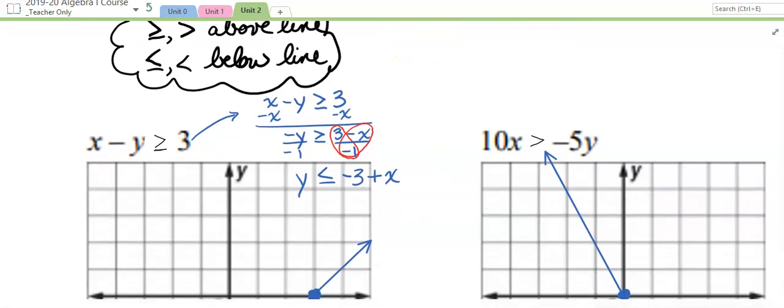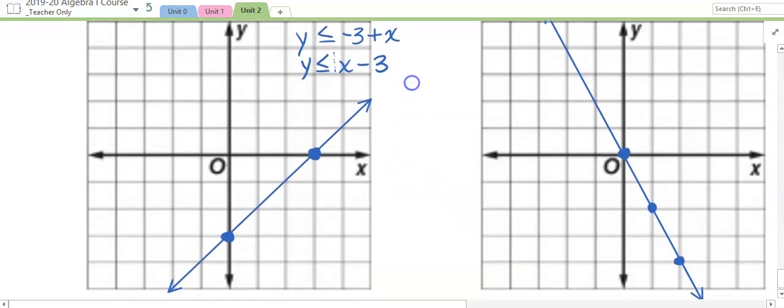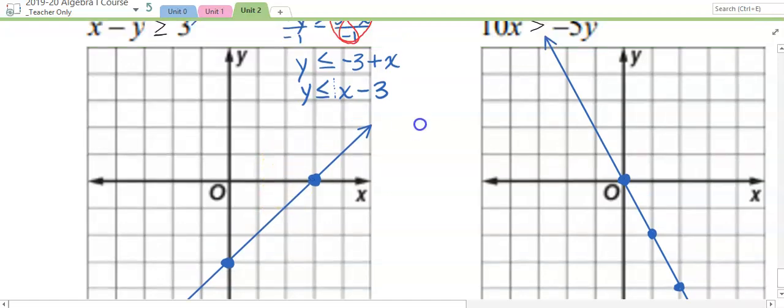Going one step further, I could rewrite it: y is greater than or equal to x minus 3. That way I can clearly see that my m is 1 and my b is negative 3. I begin at negative 3 and I go up 1, right 1, up 1, right 1, up 1, right 1.